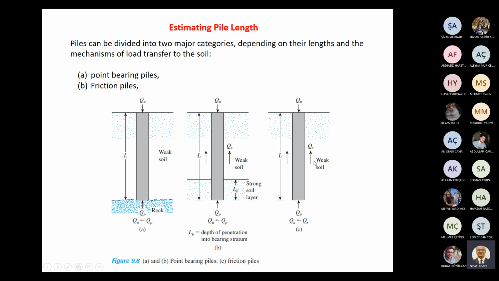The shaft area, the side area, is very large, so the pile capacity comes from this shaft resistance. And this kind of pile is called a frictional pile. In Turkish, sürtünme kazığı, or in practice, yüzer kazık.